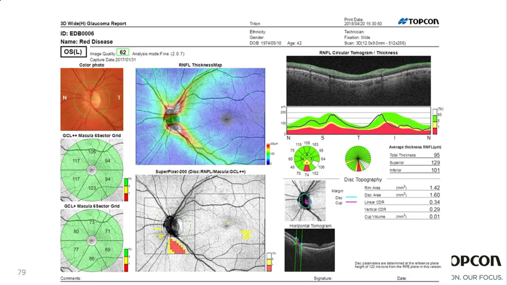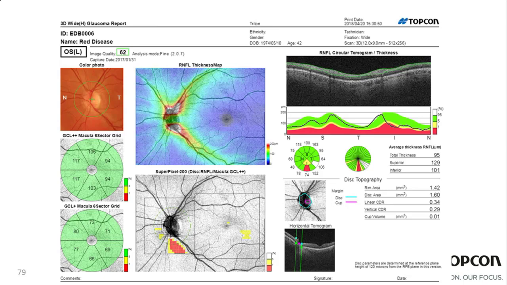Is this thinning real? There are two ways that you can indicate that this is not real. One, you look at this peak and this valley. If you moved it to the right, everything would be in the green. You see here that this is in the white because up here it's too thick.